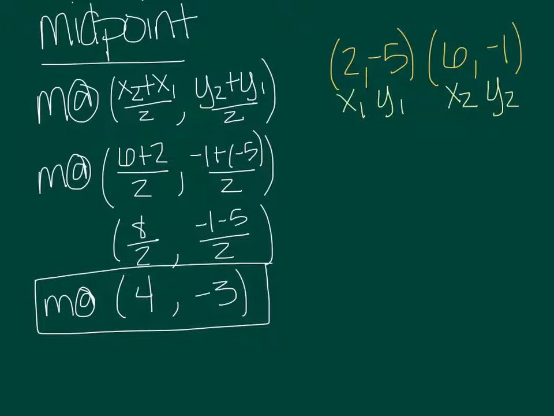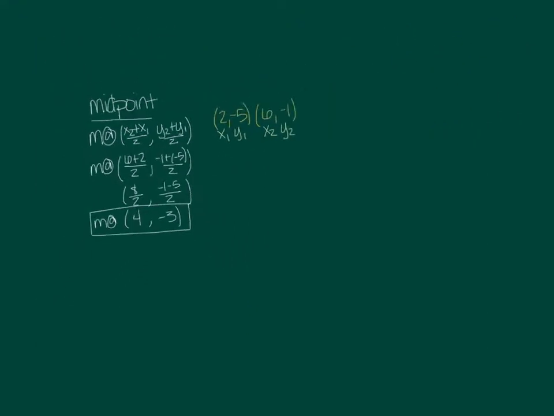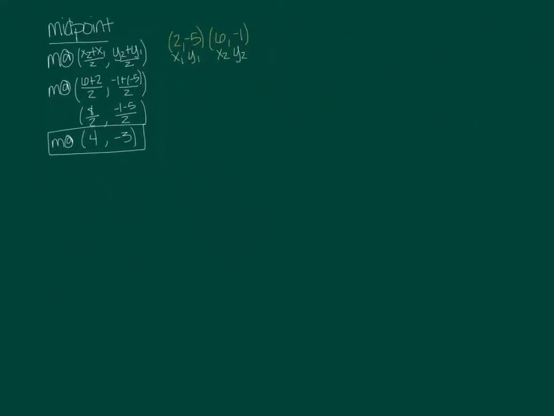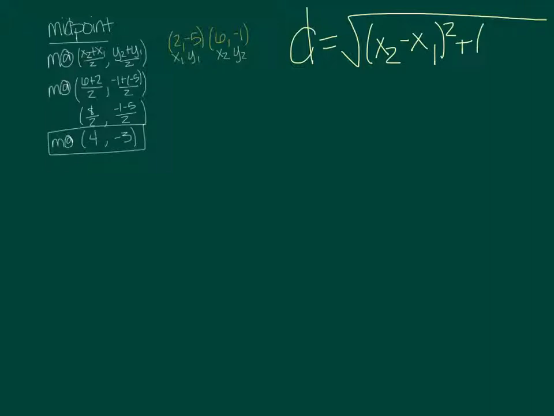Now, using the same segment with the endpoints at 2, -5 and 6, -1, we could find the length of that segment by finding the distance from one endpoint to the other endpoint. So let's take a look at distance formula. Distance formula is d equals the square root of x2 minus x1 quantity squared plus y2 minus y1 quantity squared.